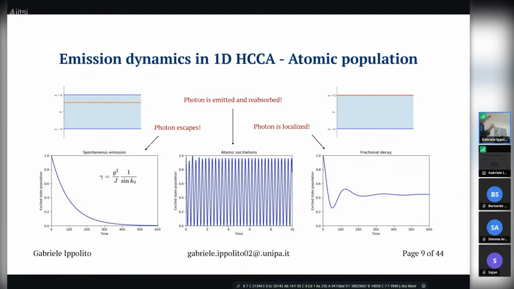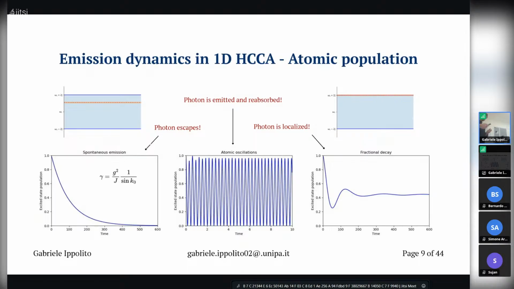But very interestingly, we observe a new phenomenon known as fractional decay, and this happens when the atomic frequency is tuned in the weak coupling regime at the edges of the single photon band. This behavior of the atomic populations suggests that after a finite time, the excited state population stabilizes around this value.